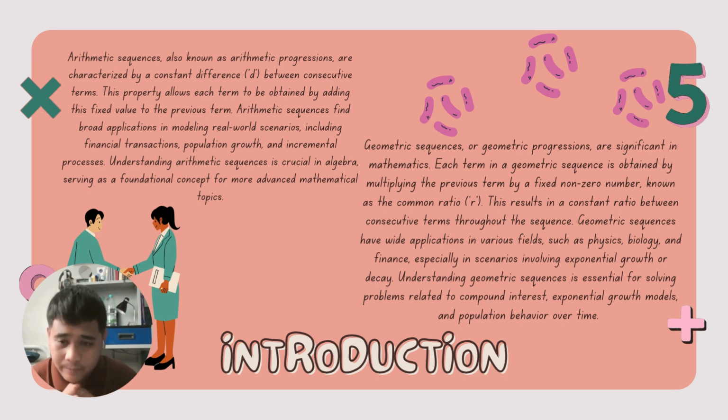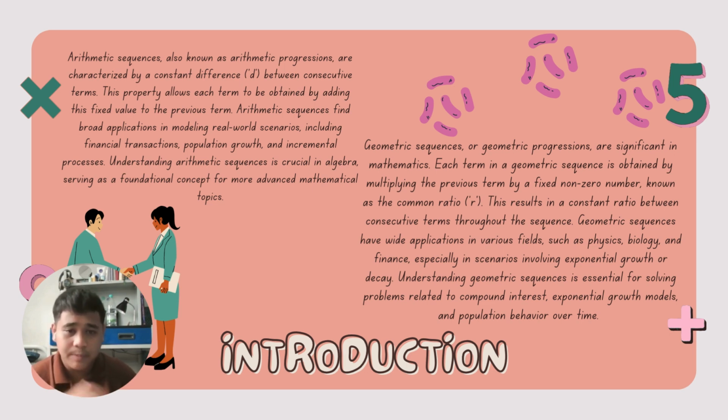The job gave her 55,000 rupees for a monthly salary, and after that she got a bonus of 5,000 each month. We call it arithmetic because it has a constant difference between consecutive terms.